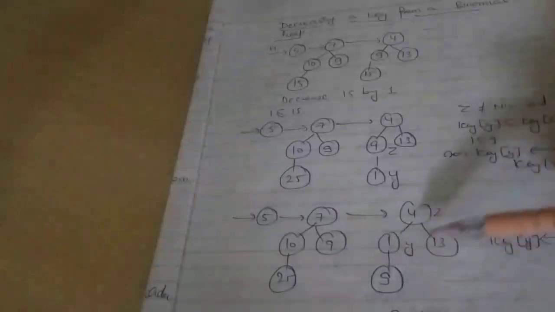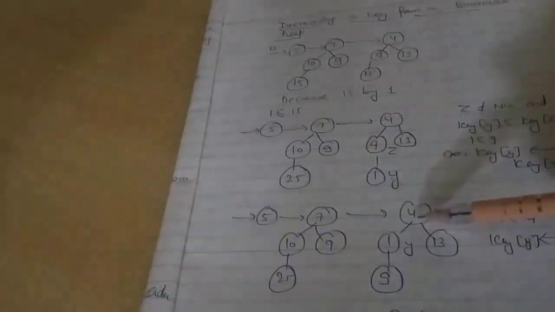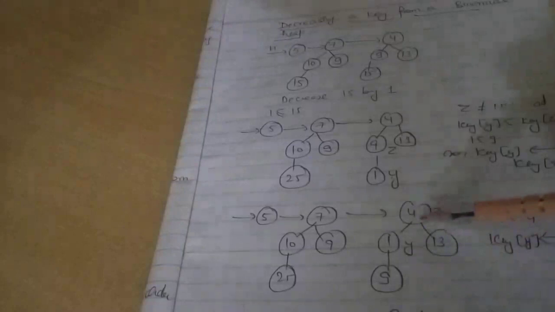We are checking that z does not equal nil and key of y is less than key of z. Yes, key of y is less than key of z. When key of y is less than key of z, we swap these two values. Then y would become z and z would be the parent of y. Again we check the key of y and key of z.